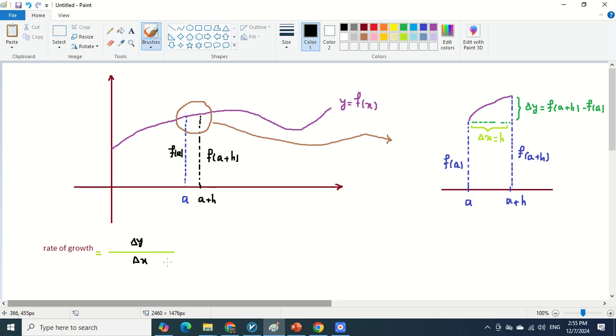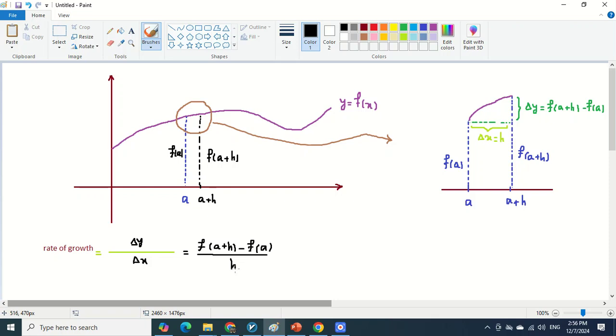And if I make that ratio over here, then it will be f of A plus H, this is the second value of y, minus the first value, which is f of A, and I should divide this by the difference of x values, which is equal to h.